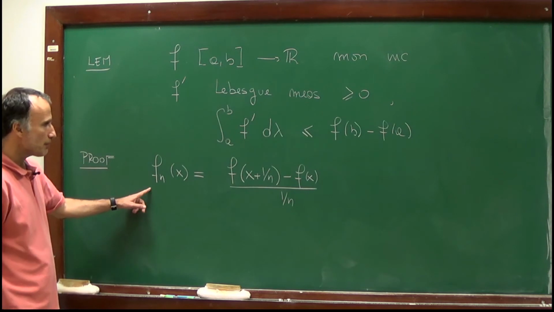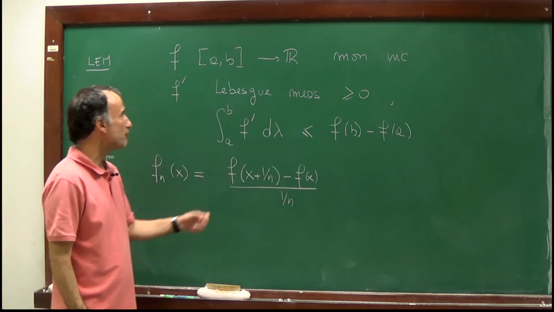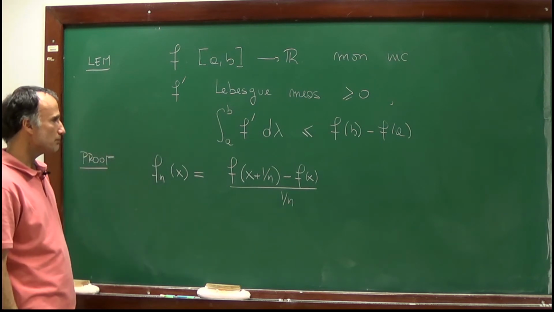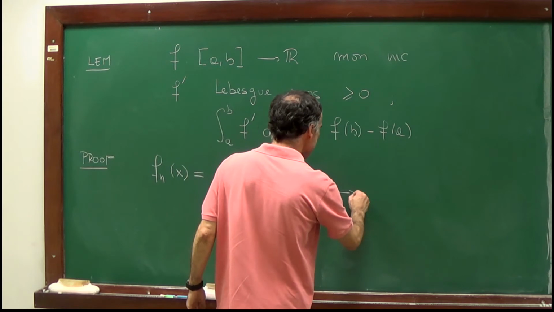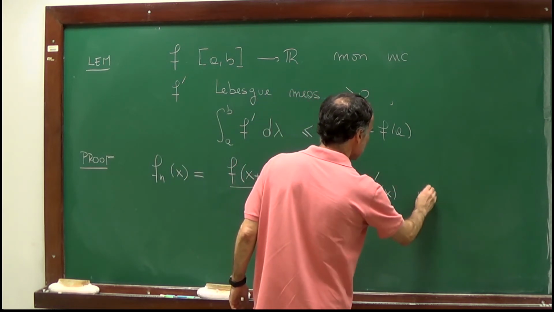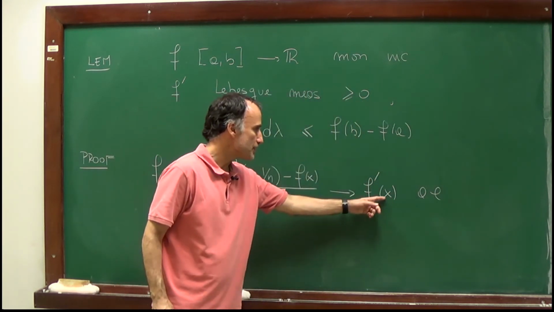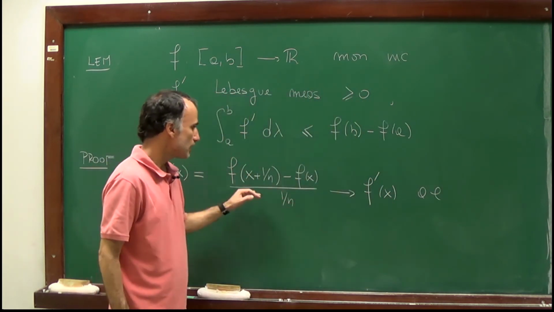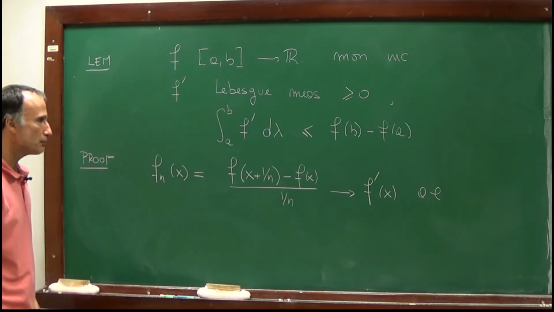So this sequence of functions is measurable because f is a measurable function. And this sequence is converging almost everywhere to f prime of x. Right? At all points at which f is differentiable, this ratio is converging to the derivative of the function.